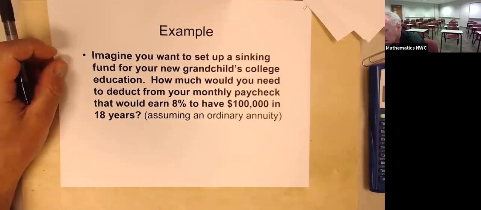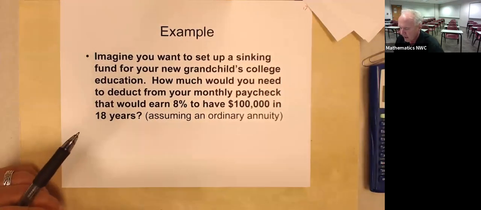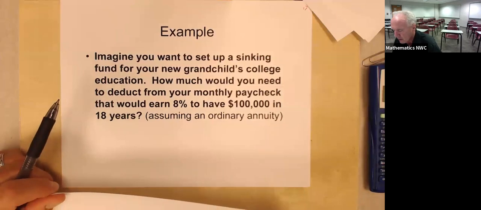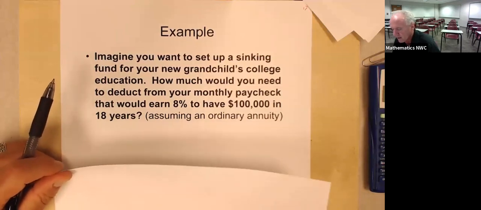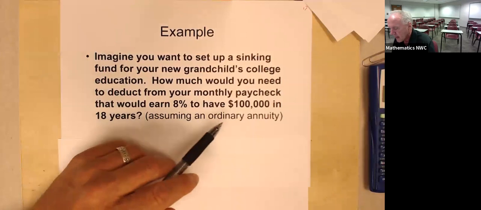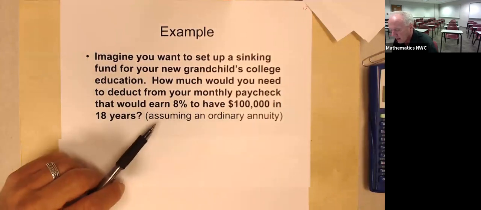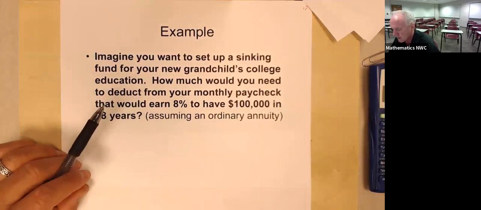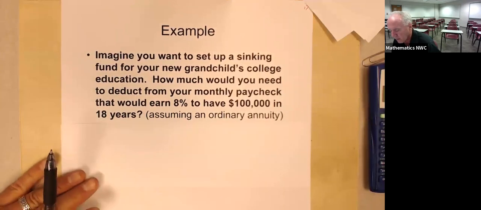For example, imagine you want to set up a sinking fund for your new grandchild's college education. How much would you need to deduct from your monthly paycheck that would earn 8% to have $100,000 in there in 18 years? Again, assuming an ordinary annuity.